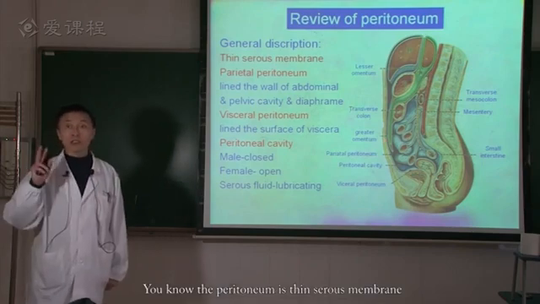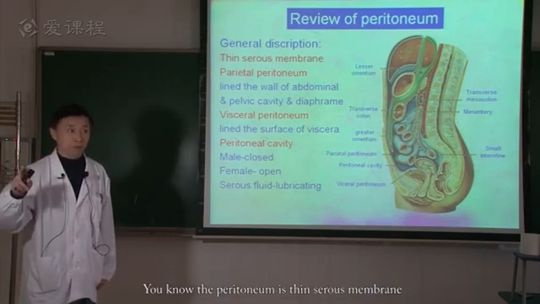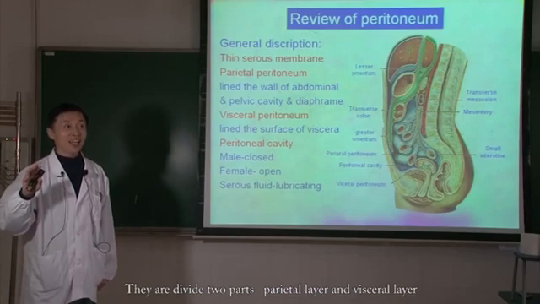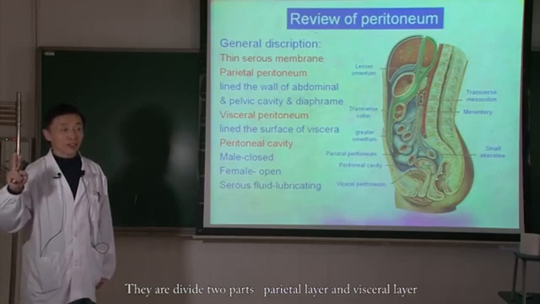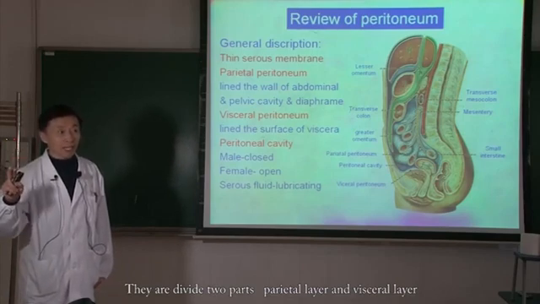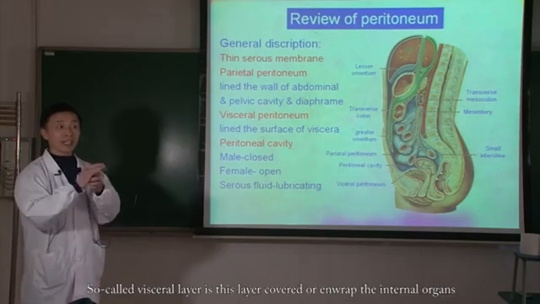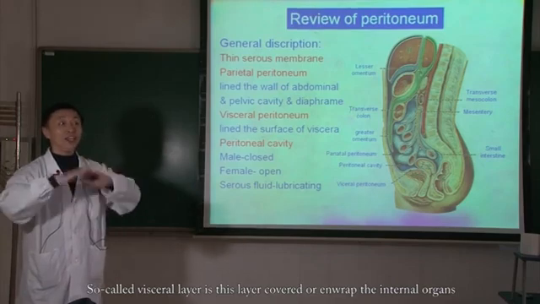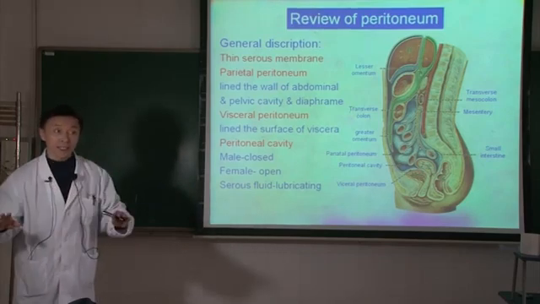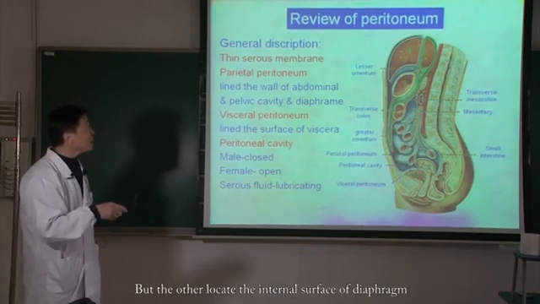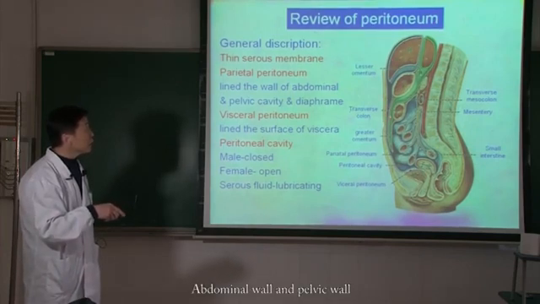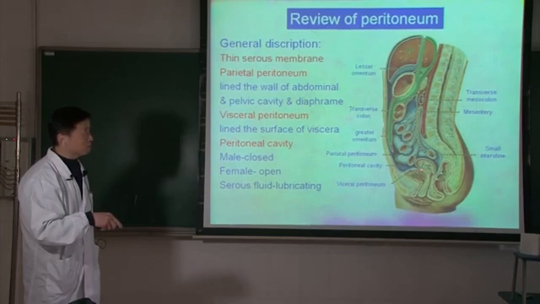The peritoneum is a thin serous membrane. It is divided into two parts, the parietal layer and the visceral layer. The so-called visceral layer means this layer covers, enwraps some internal organs. The other is located on the internal surface of the diaphragm, abdominal wall, and the pelvic wall.